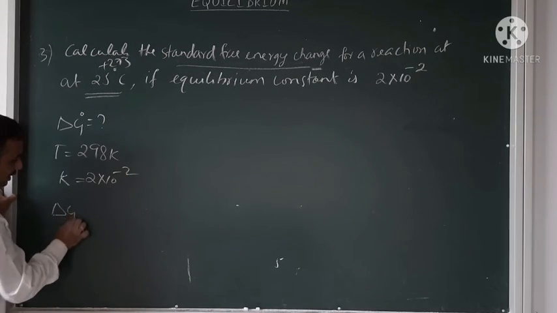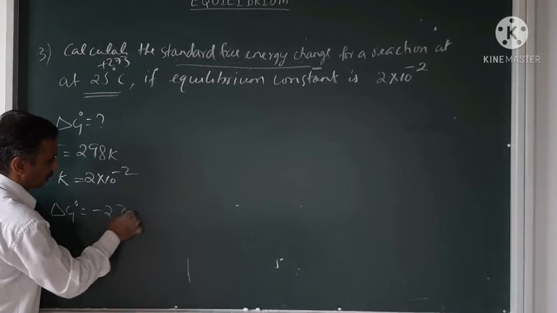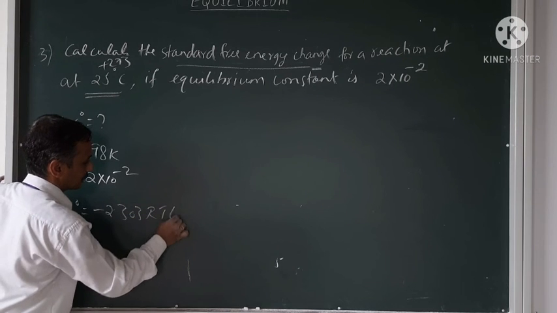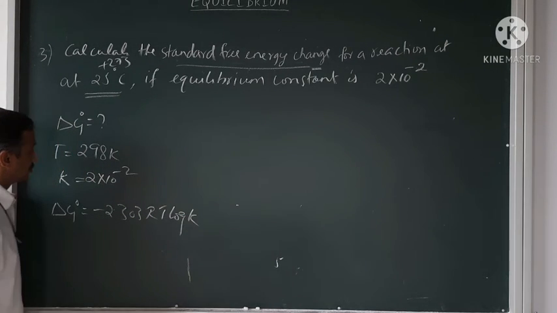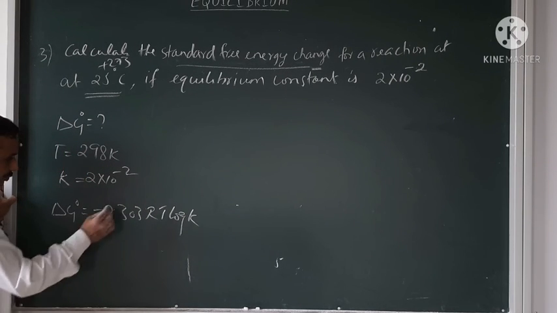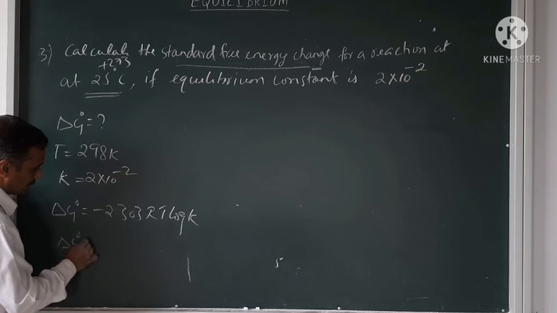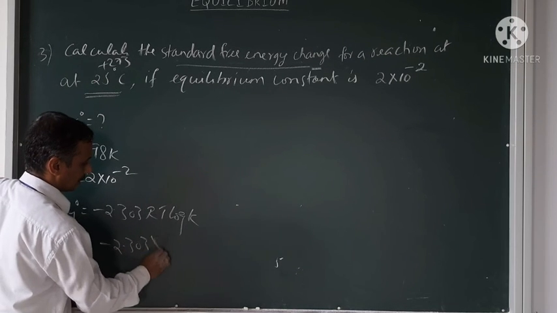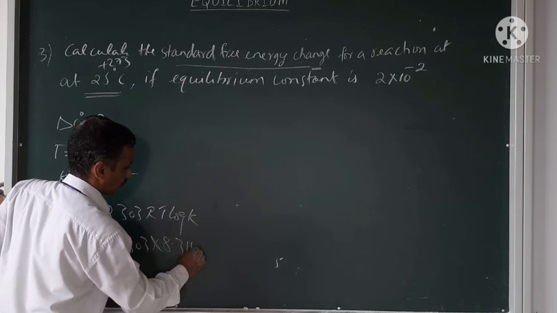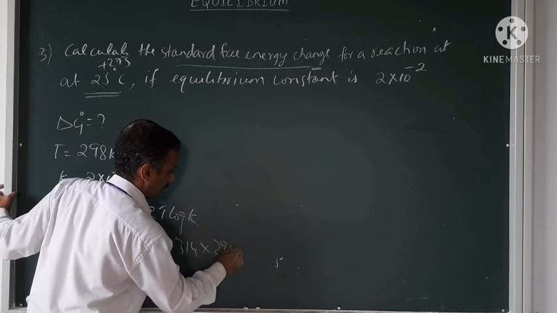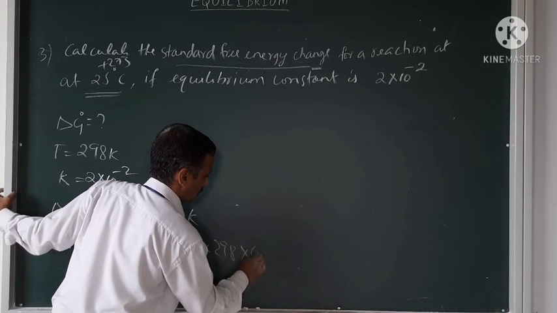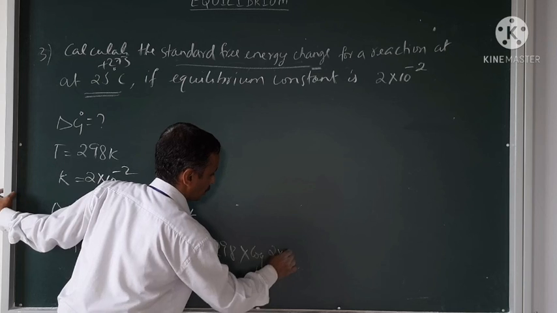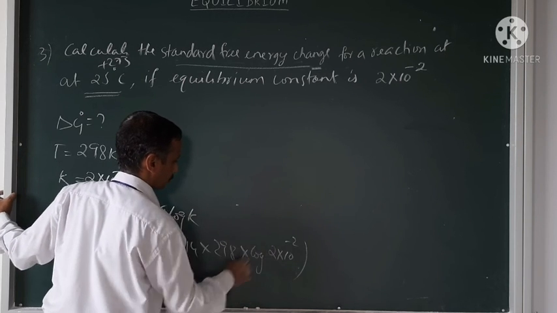Formula is delta G naught is equal to minus 2.303 RT log K. So substitute. Delta G naught is equal to minus 2.303 into 8.314 into 298 into log of 2 into 10 over minus 2.